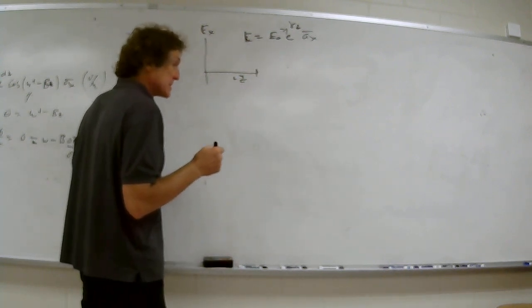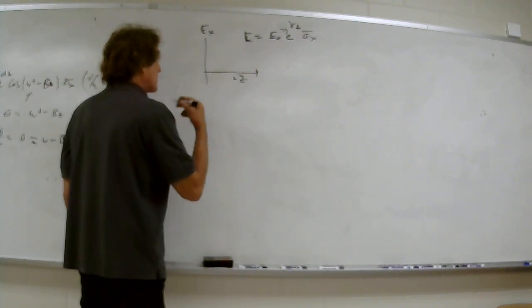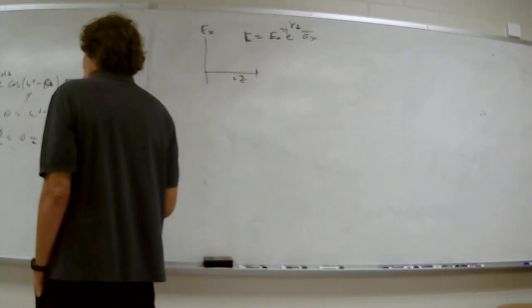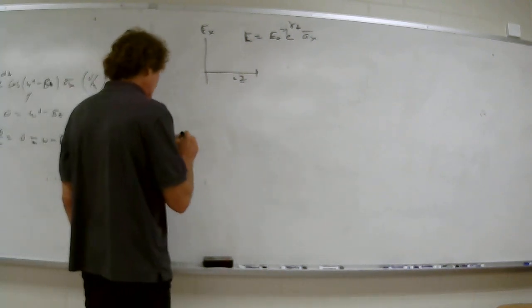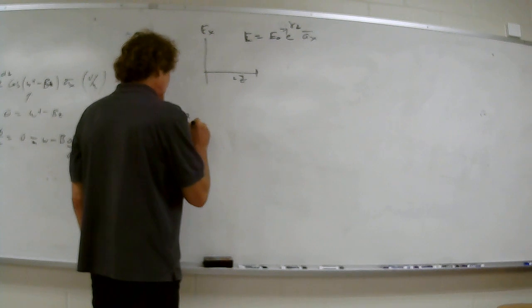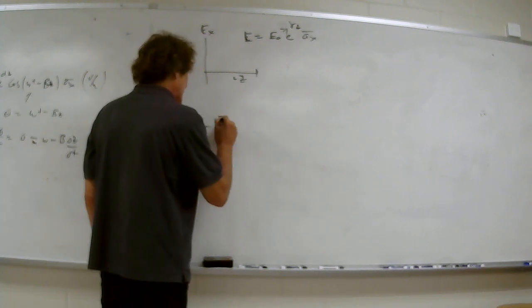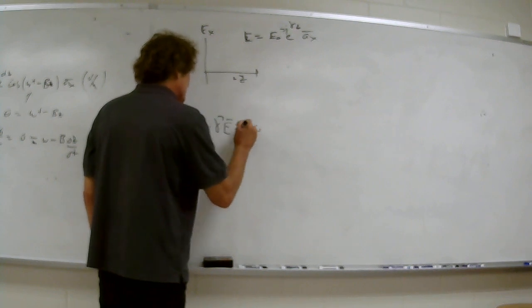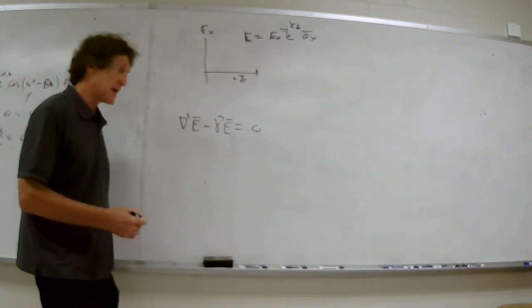Now after that, here's what happens. If I think about this, I want the ratio of E to H. And I don't know if you remember this, but when I was doing all this, I came up with an equation that was del squared of E minus gamma squared E equals 0. You don't need to write this down. I had two of the curl equations, and I got this.